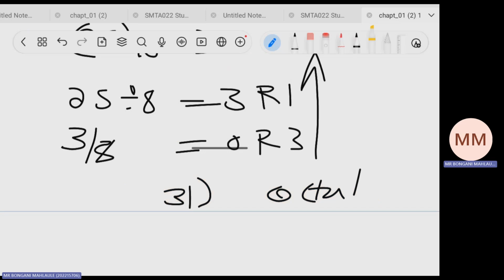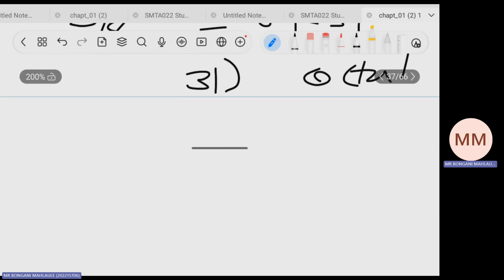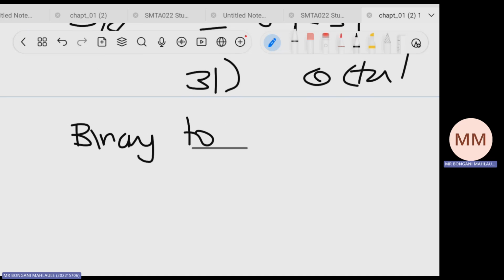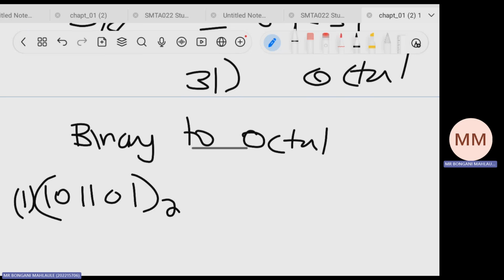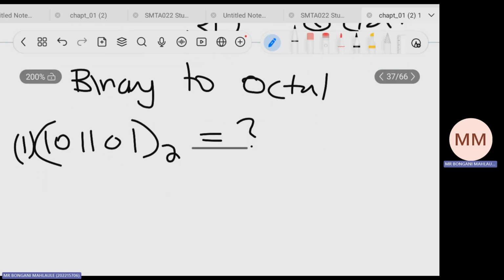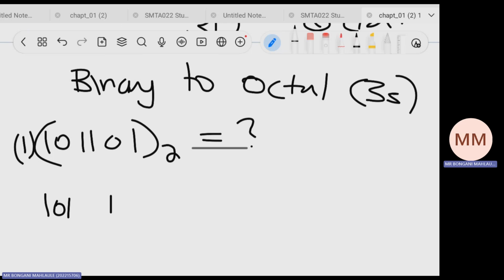Now I want us to do the ones whereby you'll have to group the binary digits. So let's say you're converting from binary to octal. We don't know what this is equal to, so you're going to group the binary digits into 3.